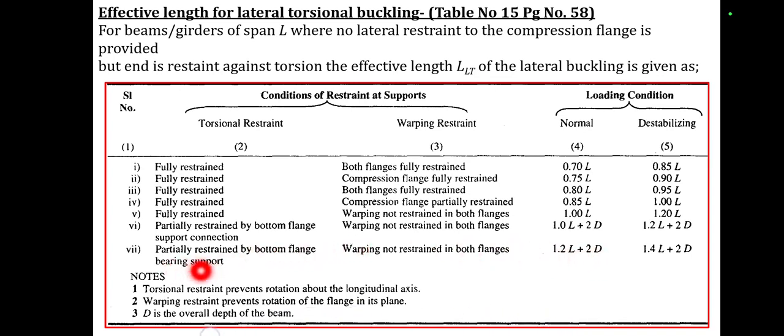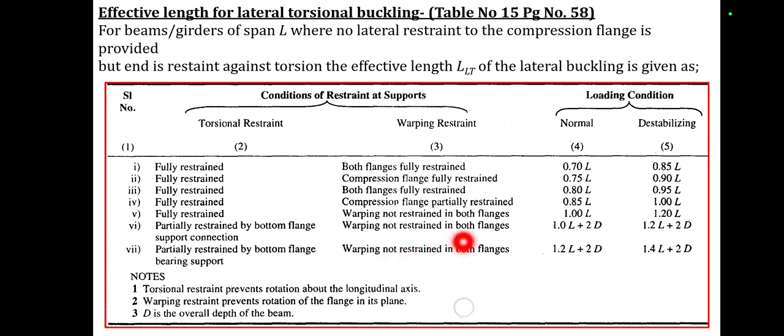Note that torsional restraint prevents rotation about the longitudinal axis. If, in a numerical, to confuse you, they give that the beam is fully restrained against rotation, you must know that the beam is fully restrained against torsion. Then the warping restraint prevents the rotation of the beam in its plane.